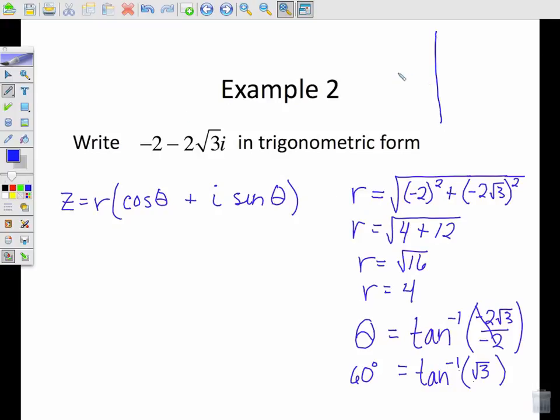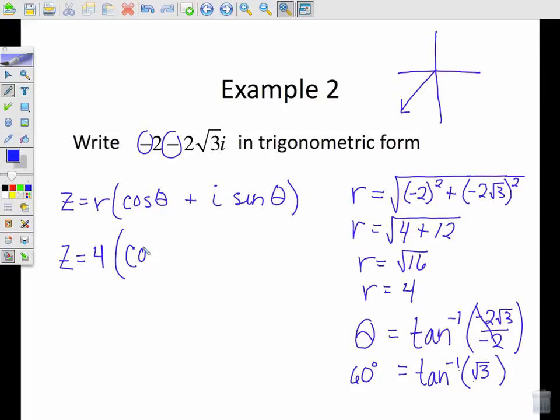However, you have to look at what quadrant that we're in. So this complex number, we are in the third quadrant because of the negative and the negative. We're in quadrant 3. So what angle has a 60-degree reference angle in quadrant 3? And we also would like to put it in radian measures.